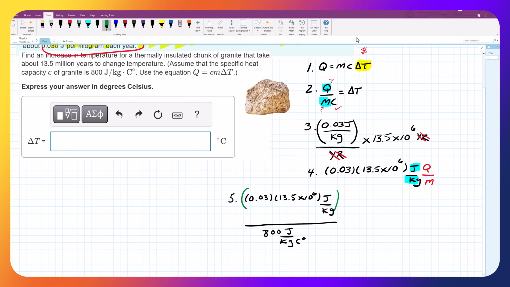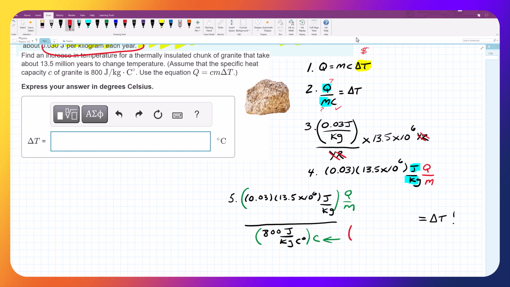This is Q over M. Going back to number 2, this is C. So this is a way to get Q over M, which I then divide by C to finally end up with delta T, which is my $ variable. When I do dimensional analysis, I hope to end up with Celsius degrees. Not degrees Celsius, but Celsius degrees, because that is delta T.